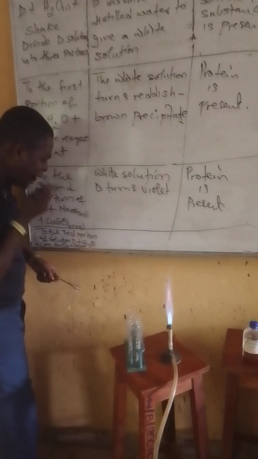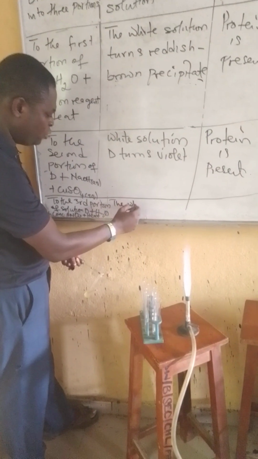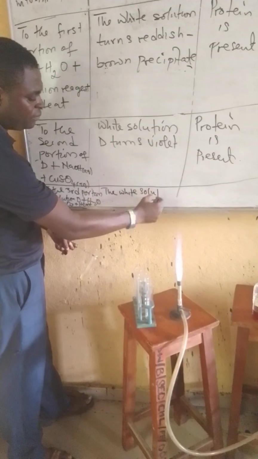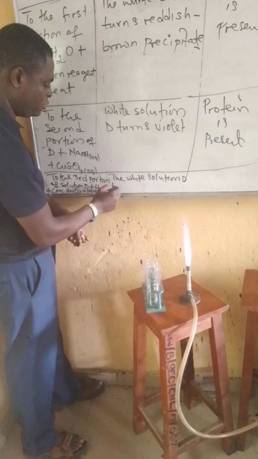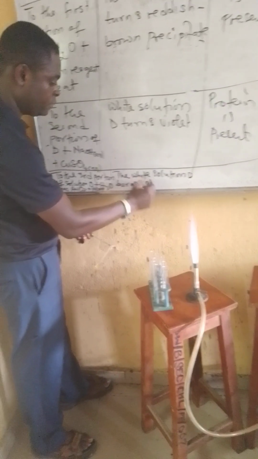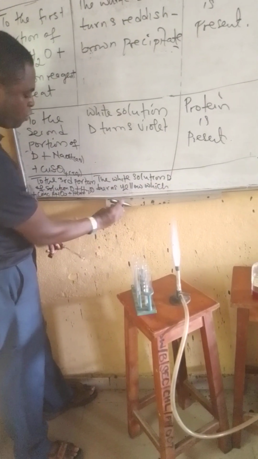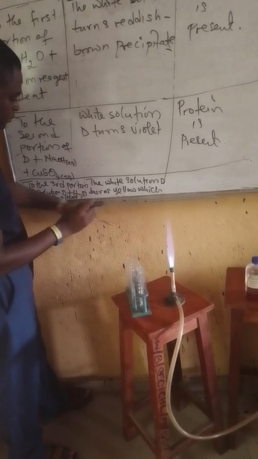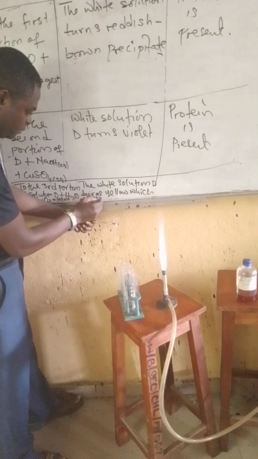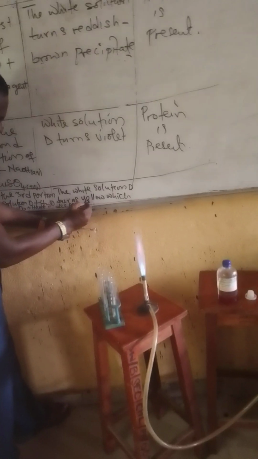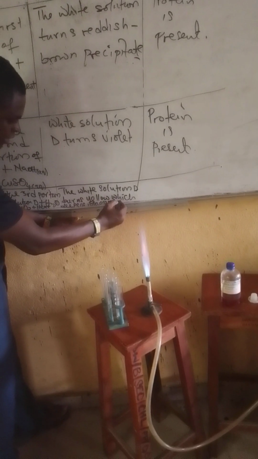So the white solution, solution D, turns yellow, which deepens into orange on heating.